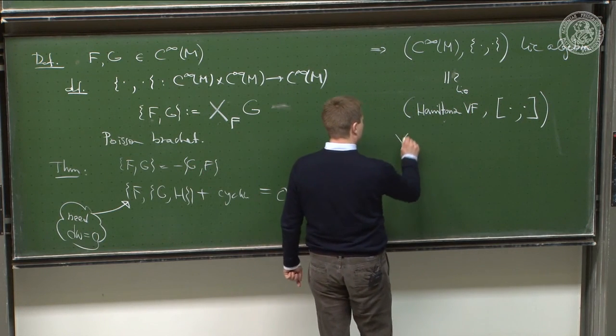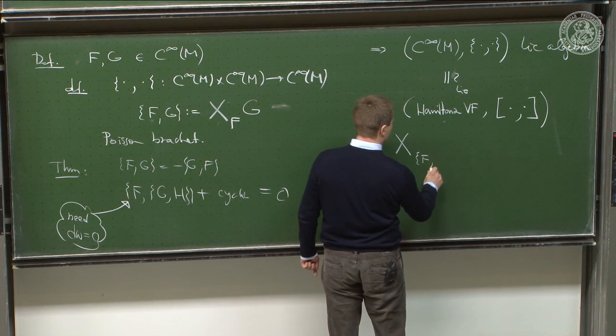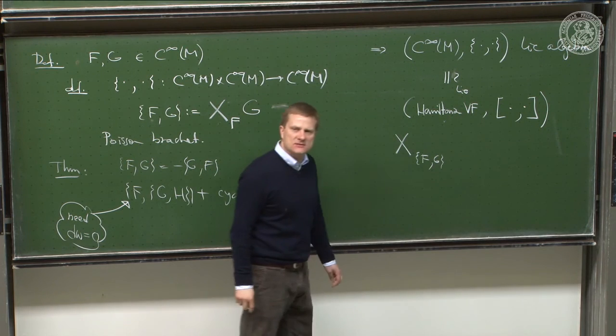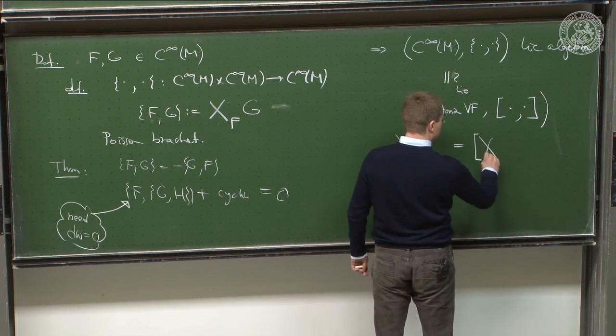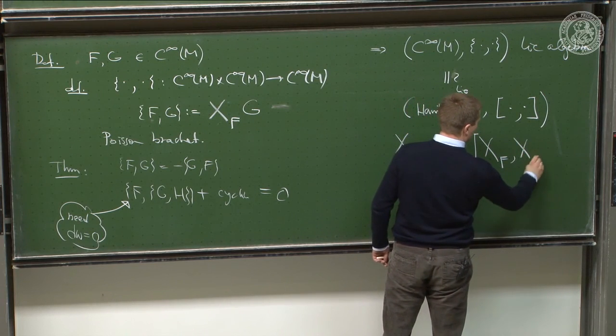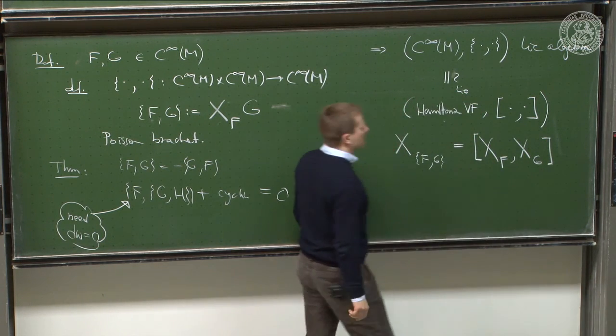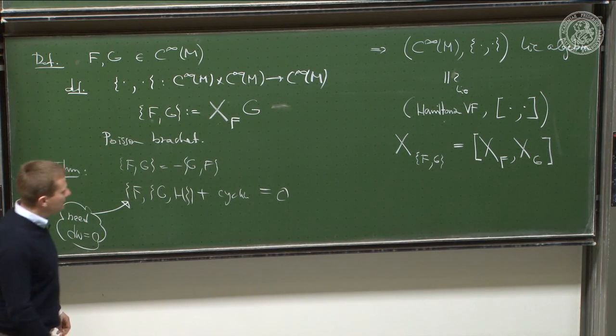And in fact, we have that the Hamiltonian vector field of the observable that you get as a Poisson bracket of two is nothing else but the commutator of the respective Hamiltonian vector fields.